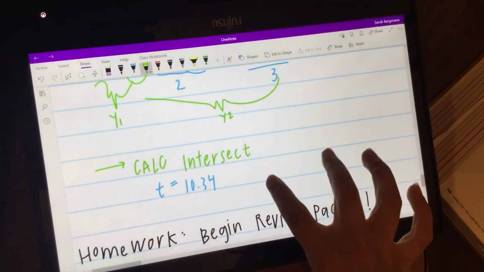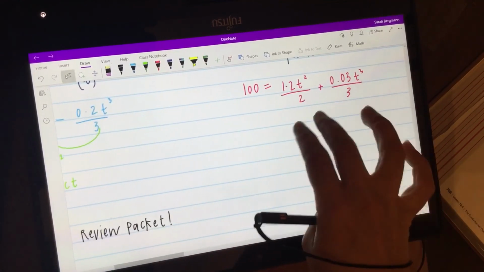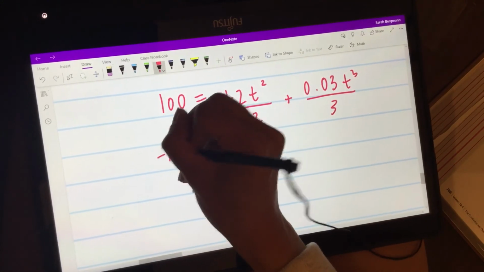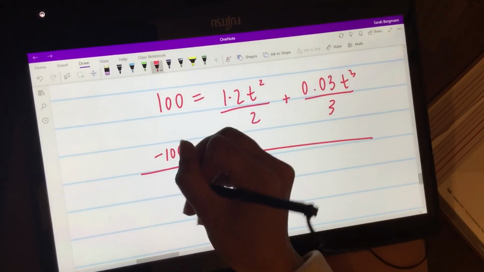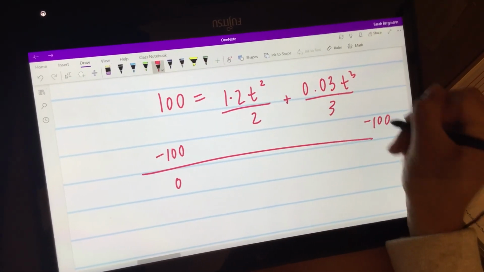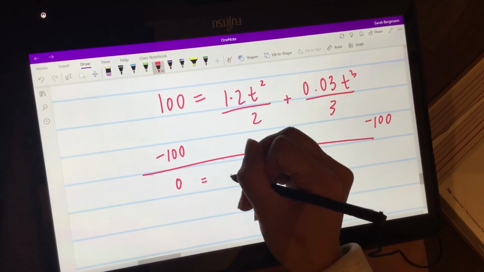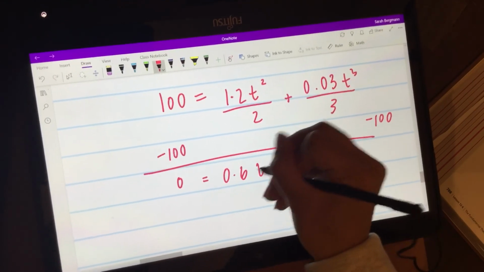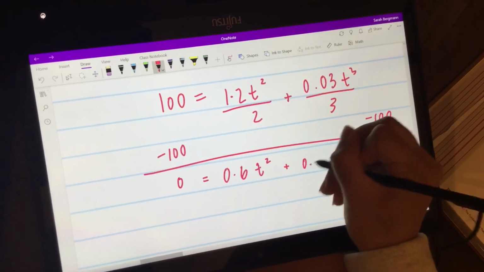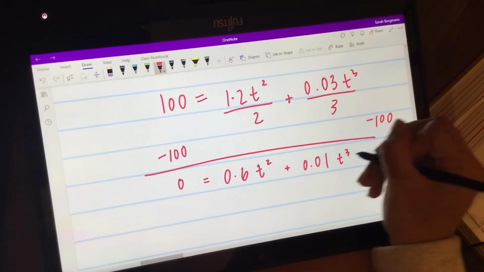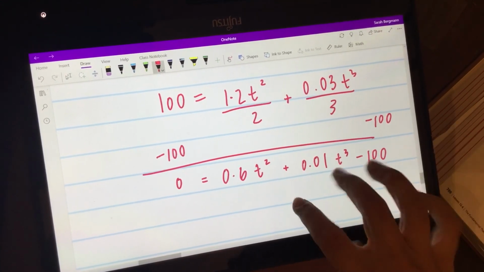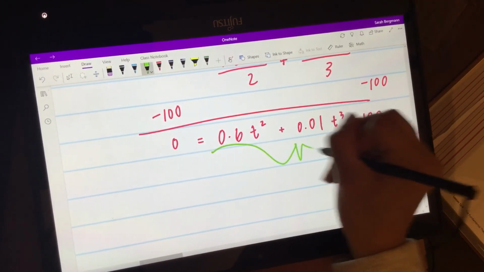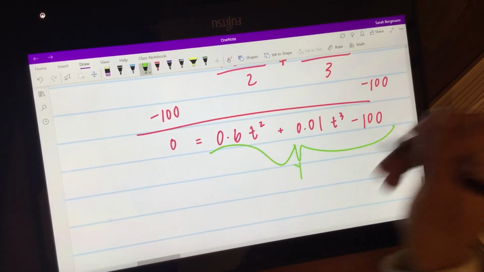Let's go ahead and talk about solving the other equation. Another strategy you could use to solve this equation is to set it equal to 0 first by subtracting 100 on both sides. So we get 0 equals, I'm going to go ahead and divide this out to 0.6 t squared and 0.01 t cubed, just to make it a little simpler. Once we have it equal to 0, we can plug in our function to our y equals screen.